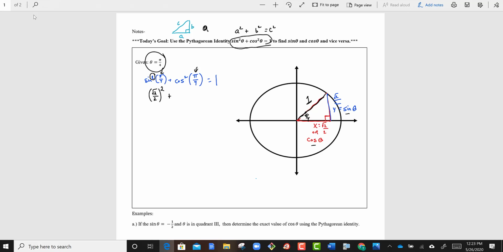Same thing, the cosine at pi over 4 is radical 2 over 2, but then we have to remember to square it afterward. Radical 2 over 2 squared is 2/4 plus 2/4, or in other words, that's 1/2 plus 1/2. And now we can see that for pi over 4, the Pythagorean identity does hold true.